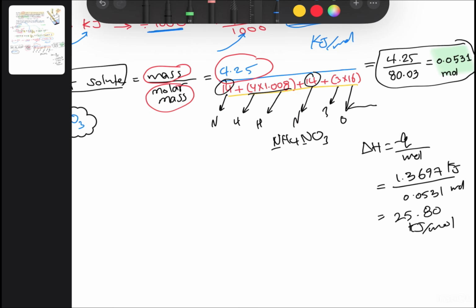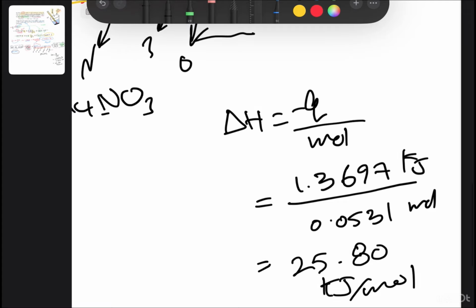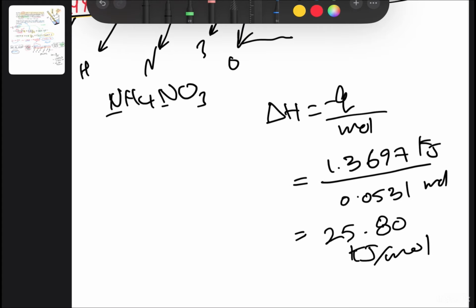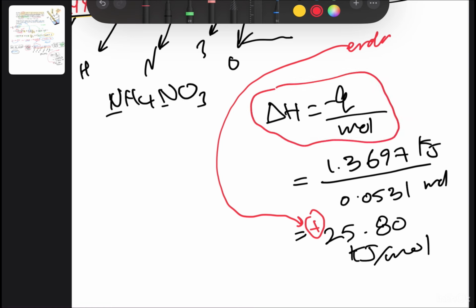I just want to clarify why we have a positive delta H. Keep in mind that we have an endothermic reaction, and the endothermic reaction must be positive. So where does the positive sign come from? In your mind, the law actually contains negative Q over moles.